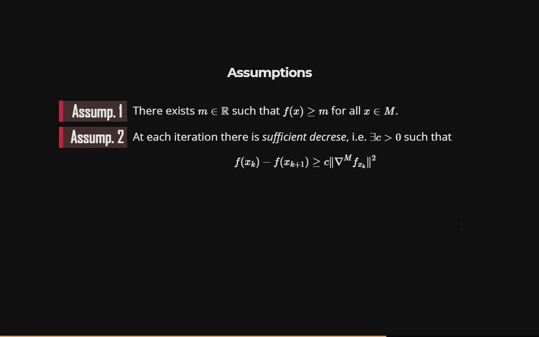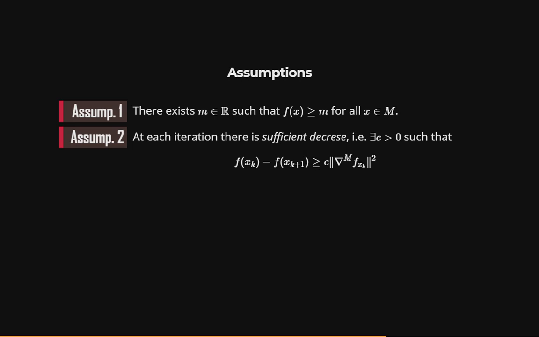Second assumption, at each iteration, there is what is called sufficient decrease. So there exists a constant such that the gradient times the constant is a lower bound for the difference between the values in each step. So we are decreasing enough at every time.